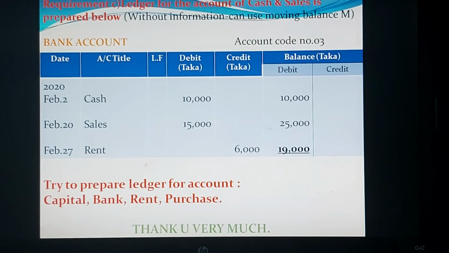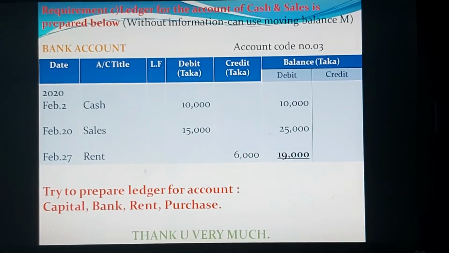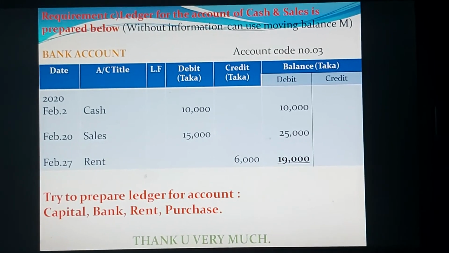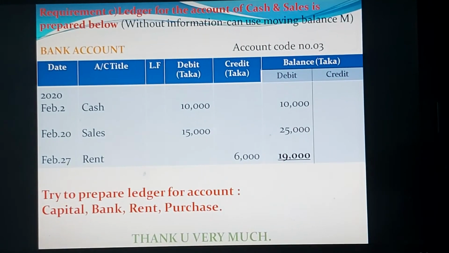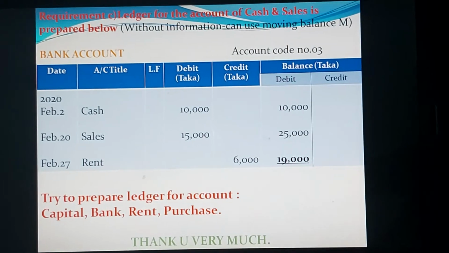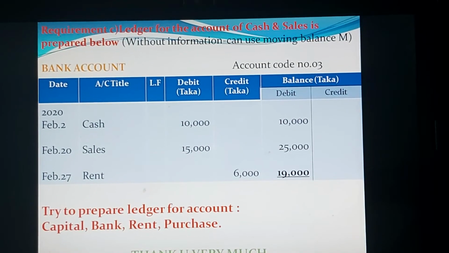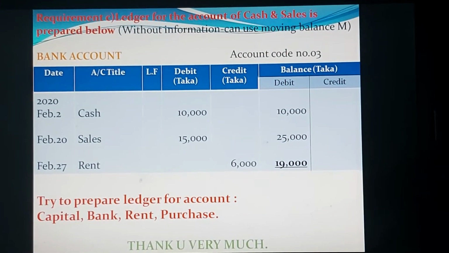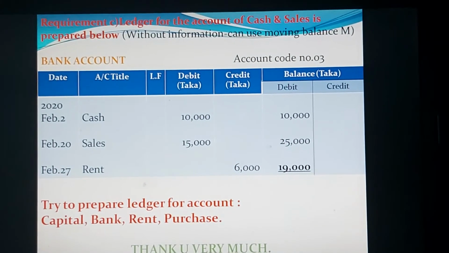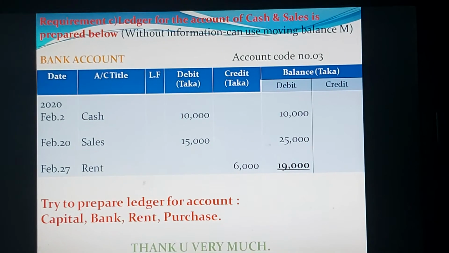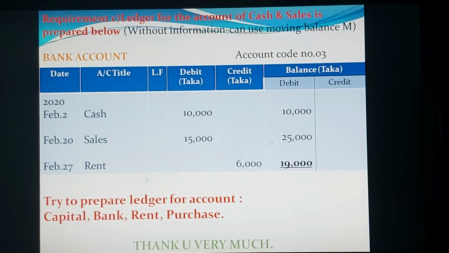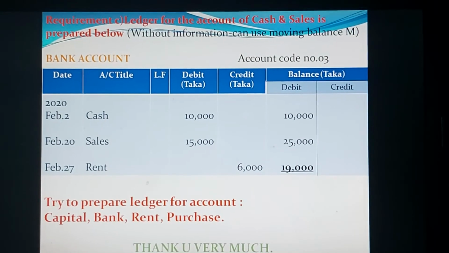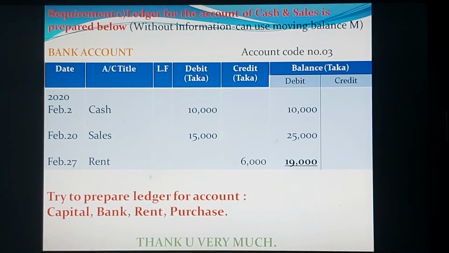Another transaction related to the bank account, February 27. Rent expense debit, bank credit. In this transaction bank is credit, but the opposite account of bank is rent expense. At first you have to write the rent account on 27, and on the credit side, as the bank account is credit, 6,000. So we posted in the credit column 6,000. Okay, again you have to apply the rules of balancing.